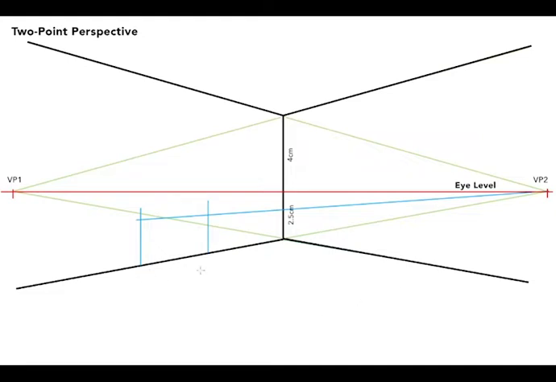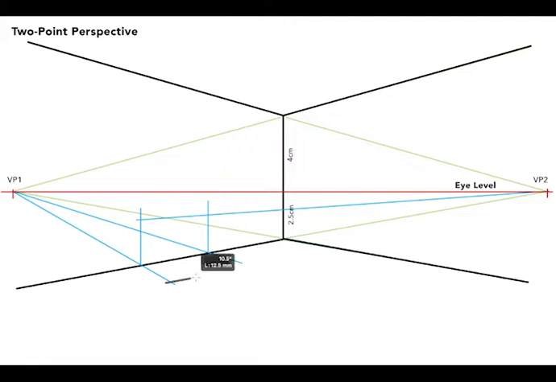Now for the base of the cabinet on the floor, your line needs to come from VP1, passing through the corner, and another line from VP1, passing through this corner. Next, you will determine how deep you want your cabinet to be.